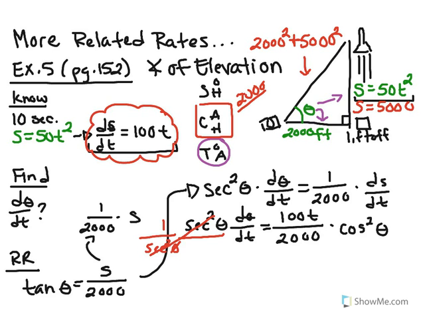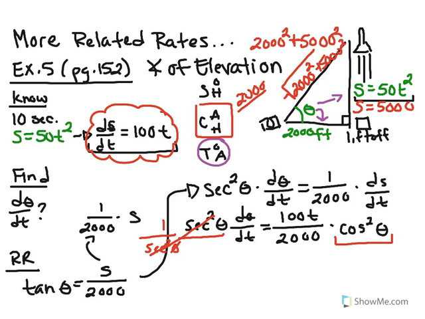And let's see what that gets me. And I'm actually going to leave it as the square root of 2,000 squared plus 5,000 squared, and you'll see why in just a second. This is just so that I can substitute that in here for cosine.